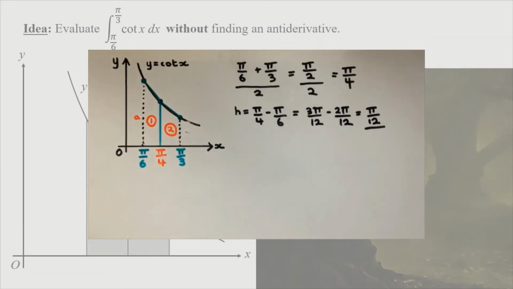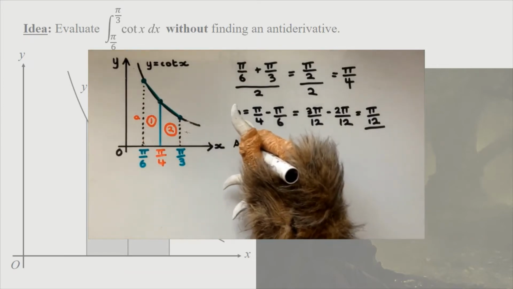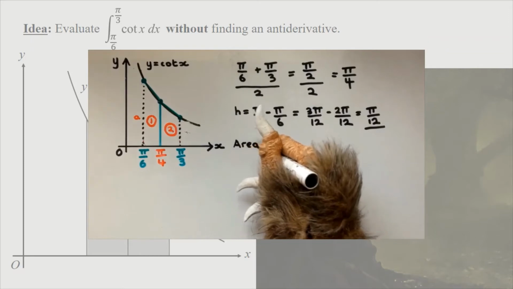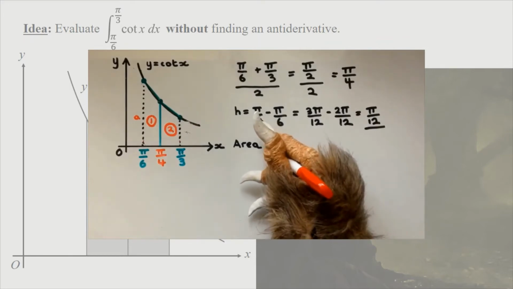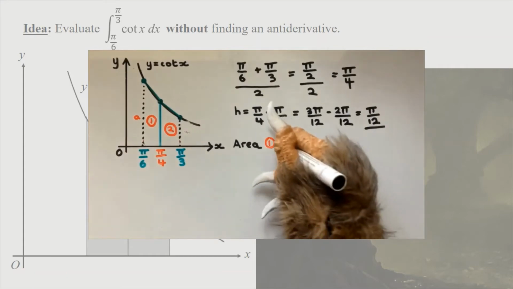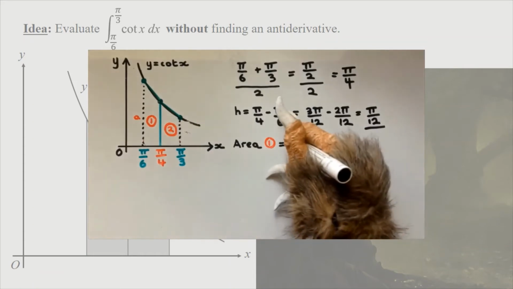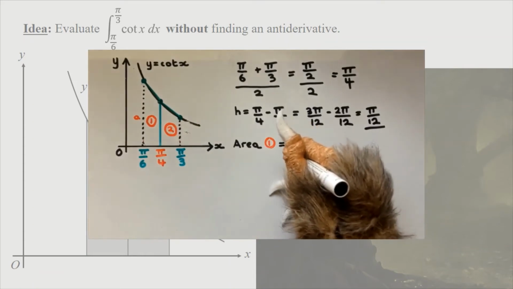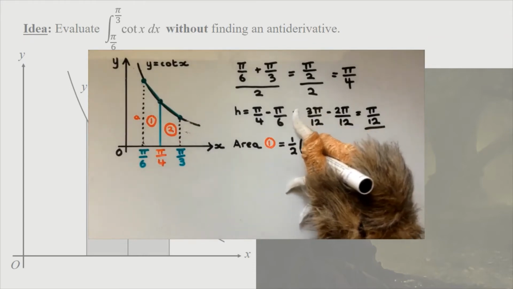So the area of 1, and I'll do the one in red, I'll just be consistent with that. So area of 1 is going to equal 1/2 of h. I'll put the h in first. So that's pi over 12 this time.